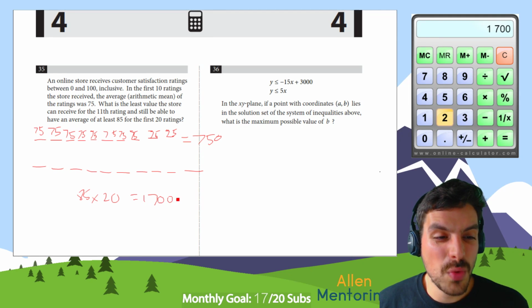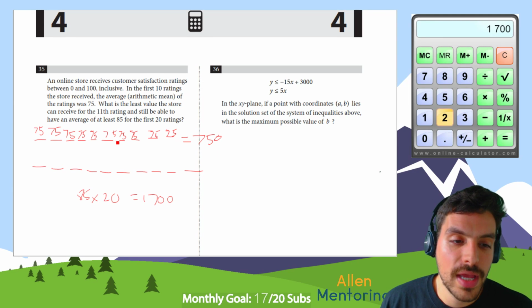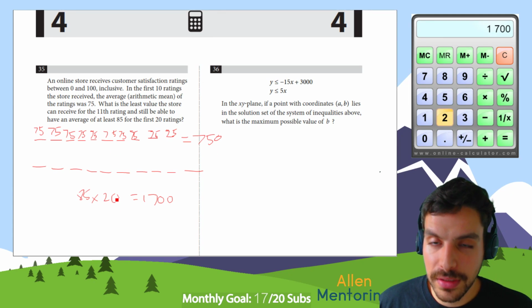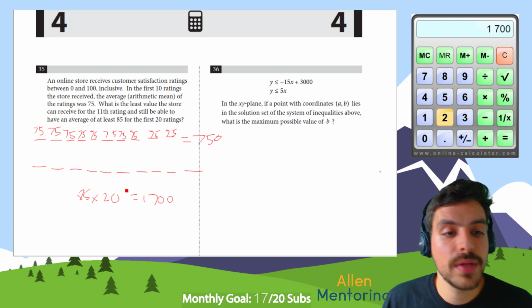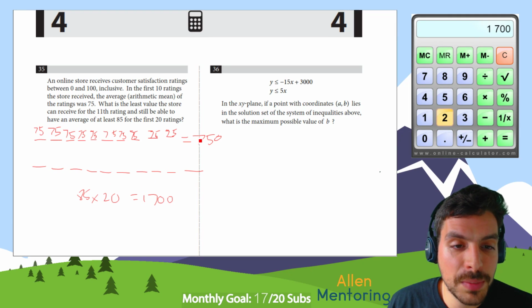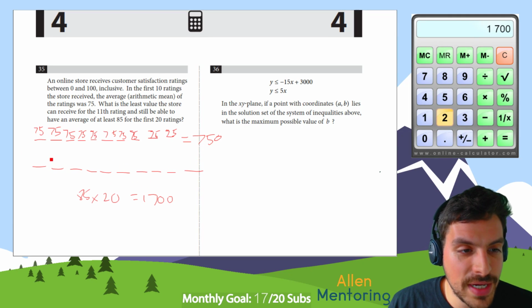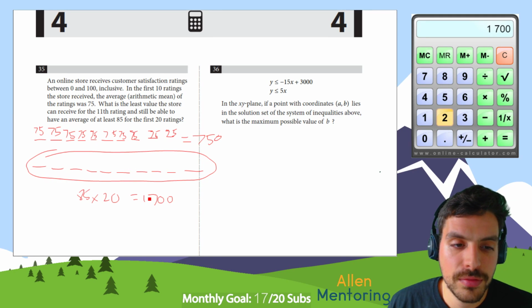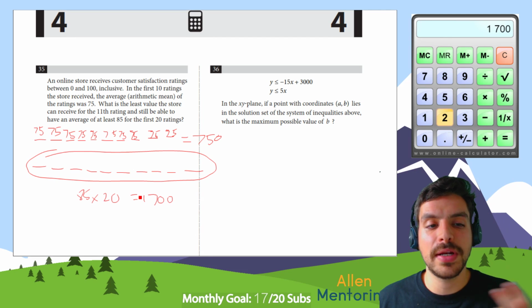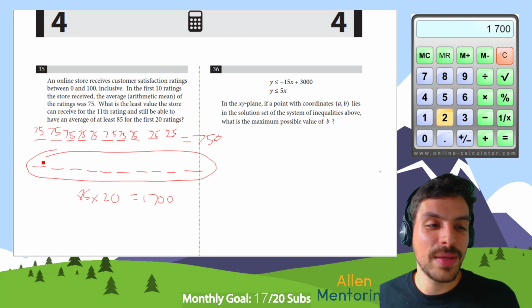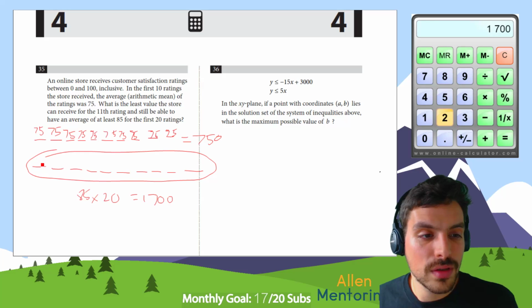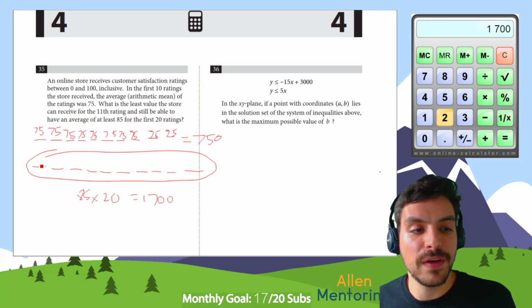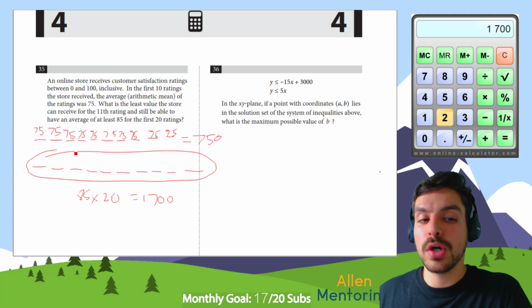So we know that all 20 have to add up to be 1700, if the average is 85. So maybe we should subtract 750 to find out what is going to be the total of these next 10 ratings, right? Because once we know that, we could see, aha, what is the minimum of the first rating so that we could still get that total?